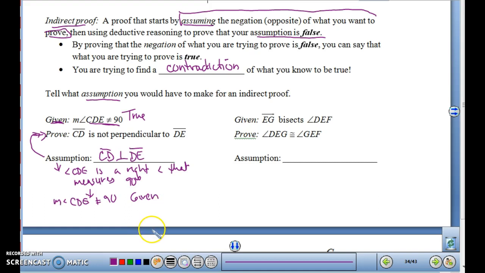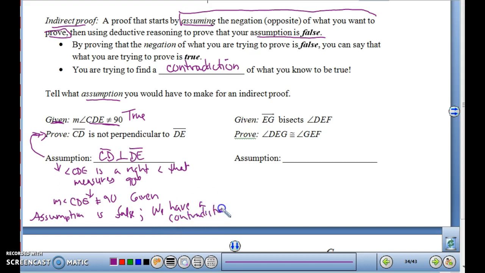So what does that tell us about our assumption? Our assumption has got to be false, since we have a contradiction.